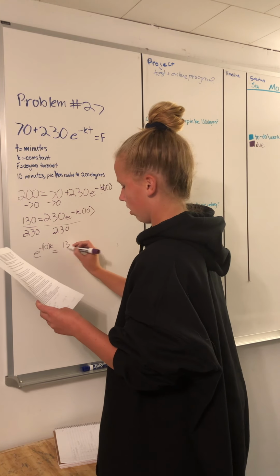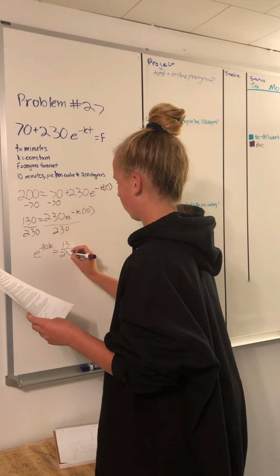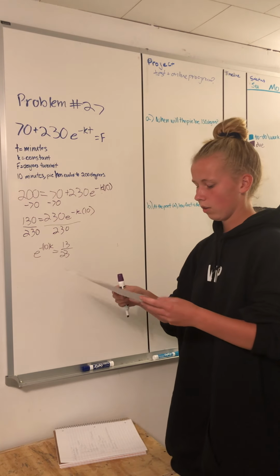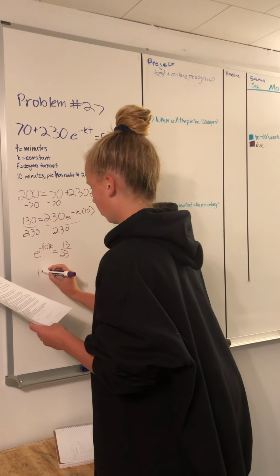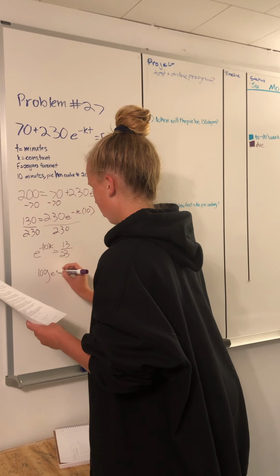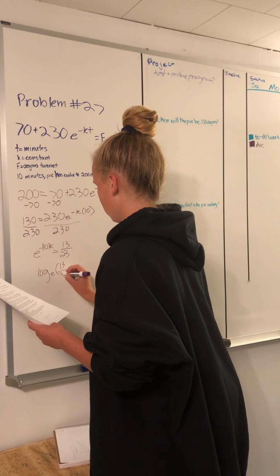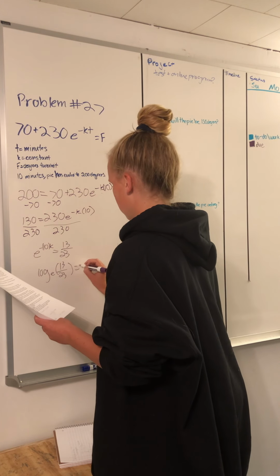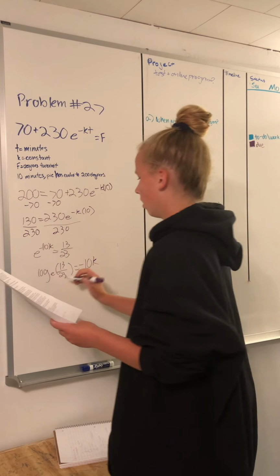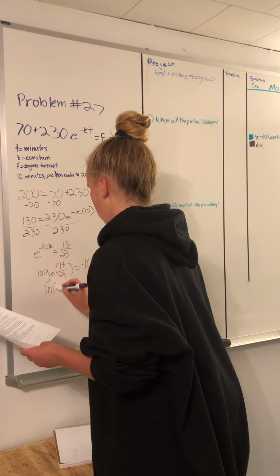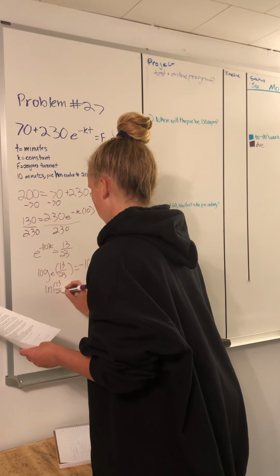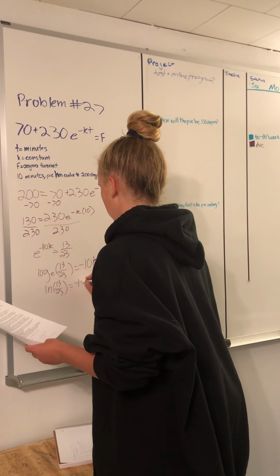Equals 13 over 23. And then you can use your log rules to get rid of the e. So log base e of 13 over 23 equals negative 10k. And log base e is the same as natural log, so the natural log of 13 over 23 equals negative 10k.